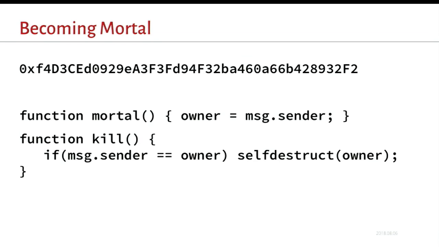I can't be sure exactly what happened because we don't know the intent behind everything, but it looks like somebody copied some code from this mortal contract, whose intended functionality is to initialize the owner. And if you're the owner, you can kill the contract. But I think somebody probably renamed the contract, therefore exposing this mortal function to anybody, because somebody totally called this function, became the owner, and got a couple Ether.